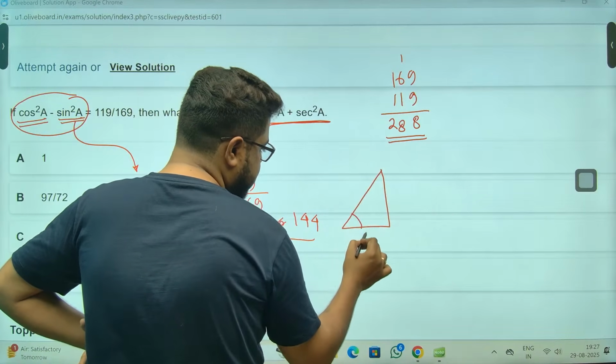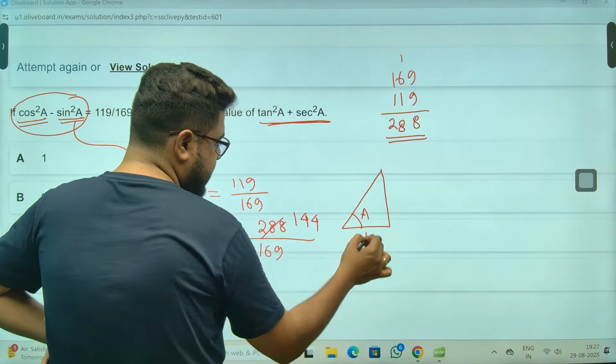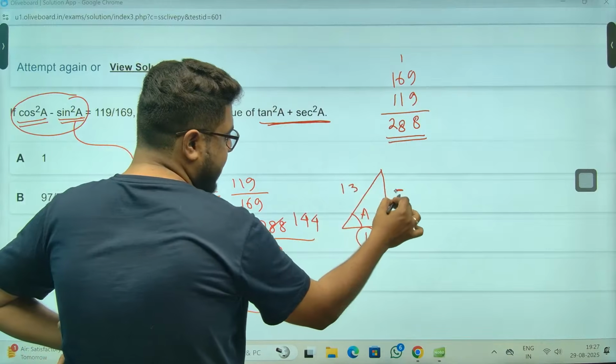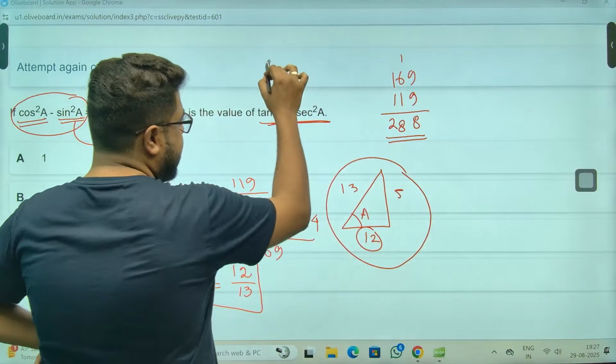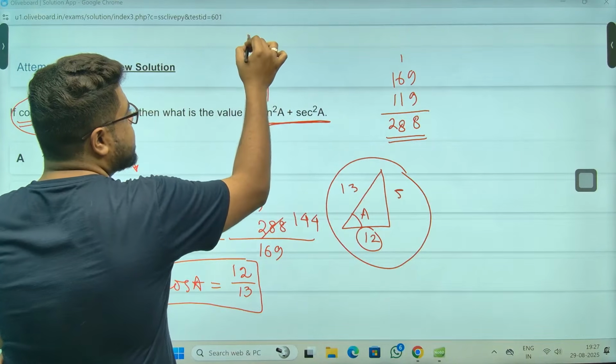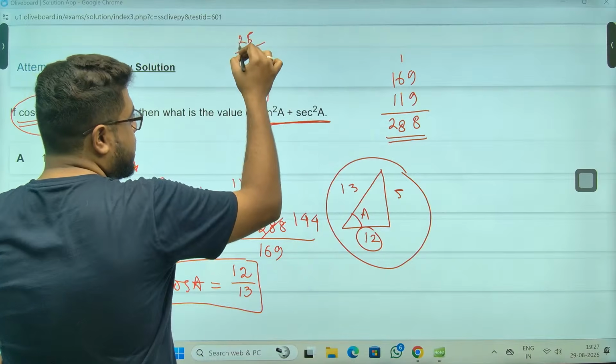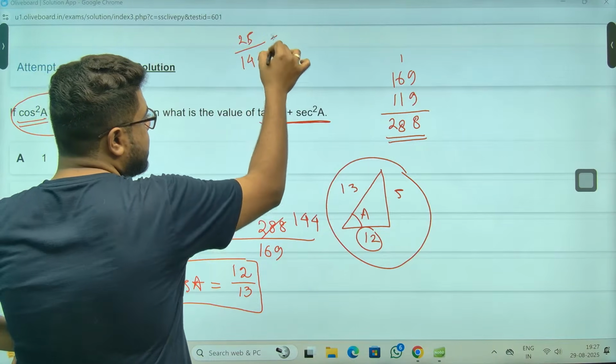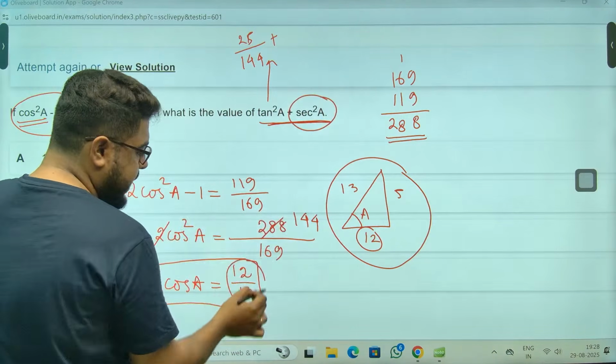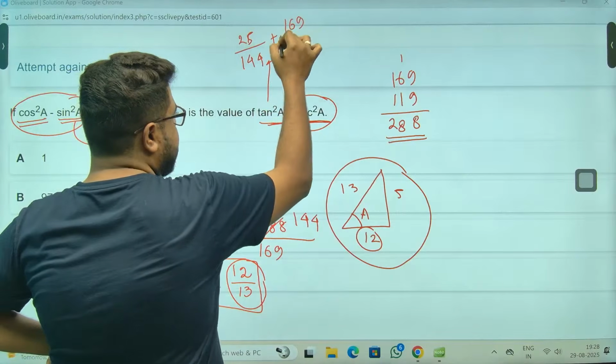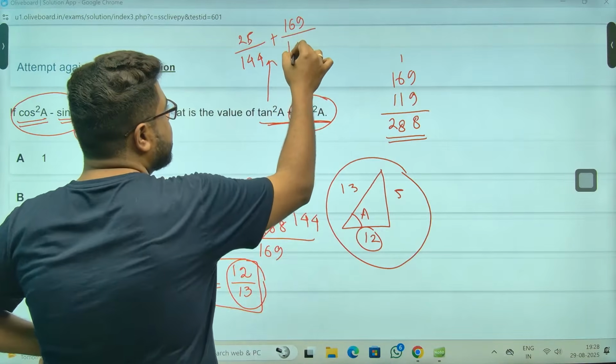So you'll say, sir, that means this is A, this is 12, this is 13, so this is 5. Pythagorean triplet. Tan will be 5 by 12, square is 25 by 144. Sec, cos I know, sec will be 169 by 144.